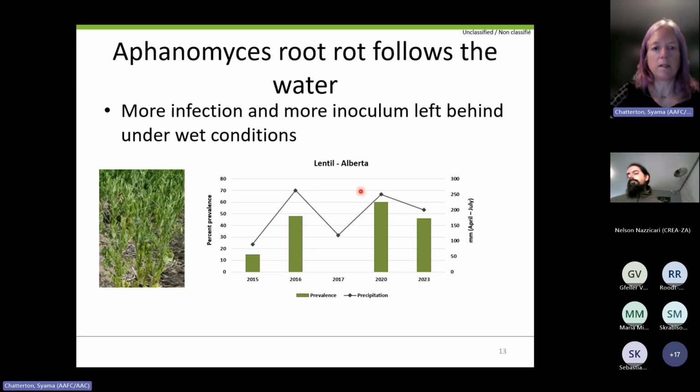So again, 2016 and 2020 were fairly wet years, and you can see that about 50 to 70% of lentil fields tested positive, whereas in our dry years in 2015 and 2017, there was a very low percentage of lentil fields that tested positive. And then 2023 was in between, and we are sitting at 40 to 50% of fields that are positive for Aphanomyces.